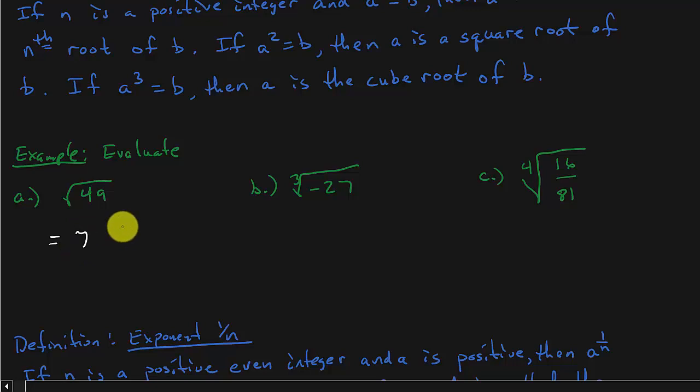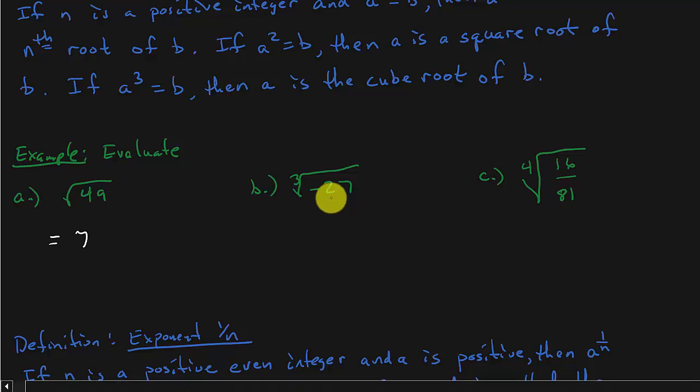Now, here we have an index that's 3. We just talked about how if the index on the radical is an even number, we want just the positive answer. If the index on the radical is an odd number, then it can be positive or negative.